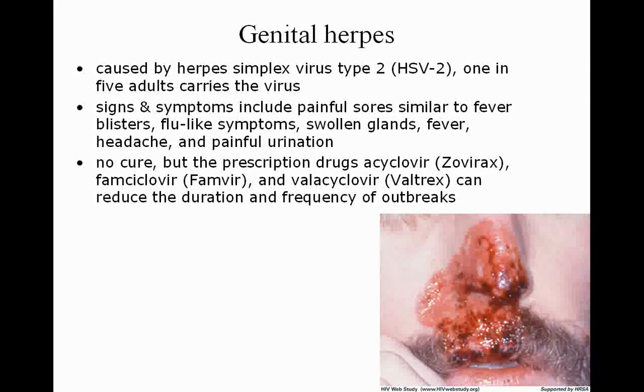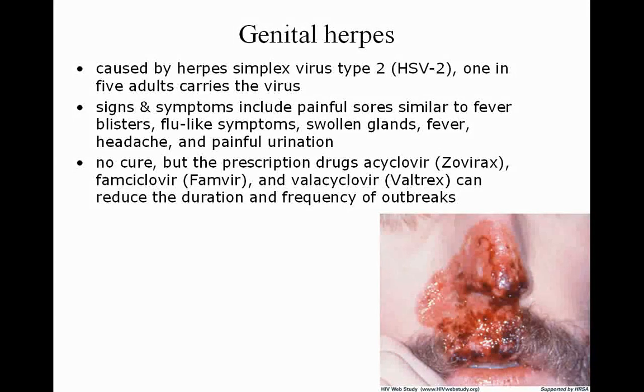This person actually has an infection of herpes with blisters on his face, because this can be transmitted certainly by oral sex. The person may have the blisters anywhere that they have come in contact with the genital herpes blisters, whether it be on the anus, the penis, or the vagina.